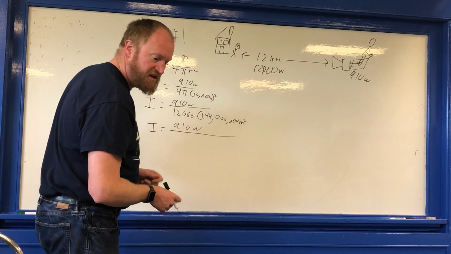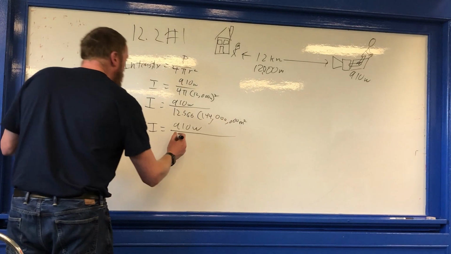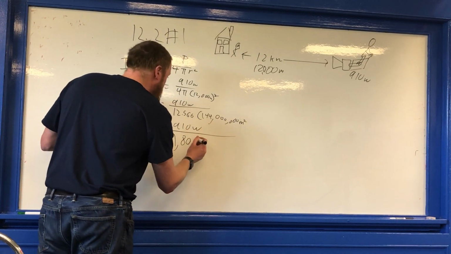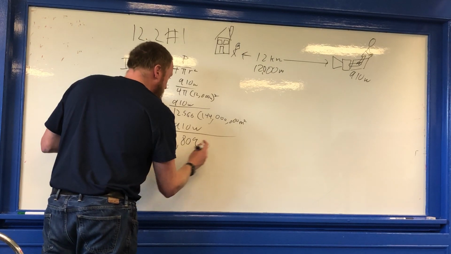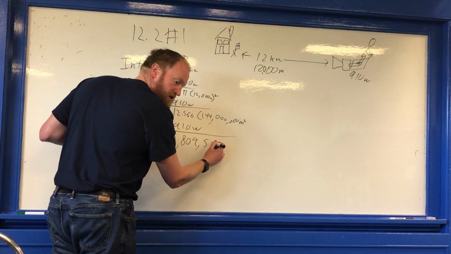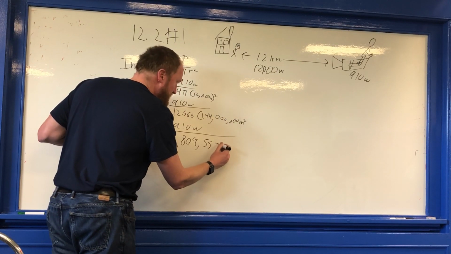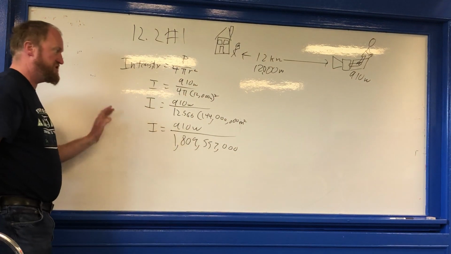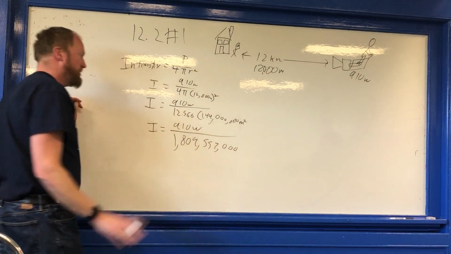I get an area of 1.809 billion, and if you want the actual digits, 557, and whatever. That you don't need to worry about.